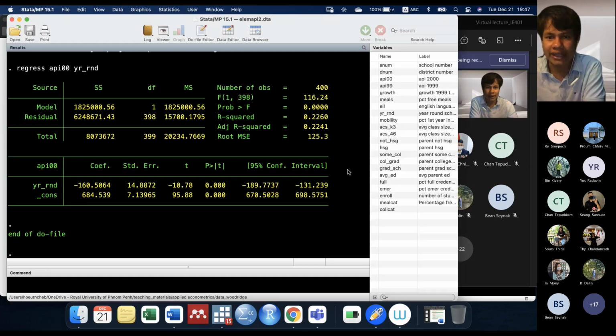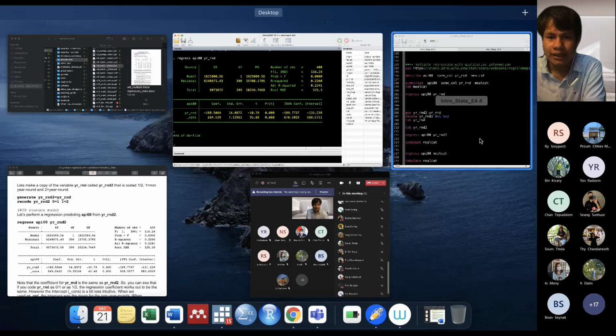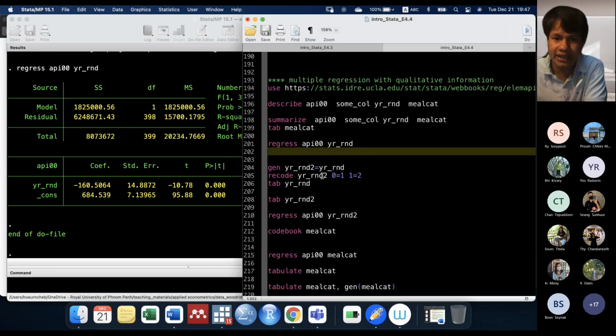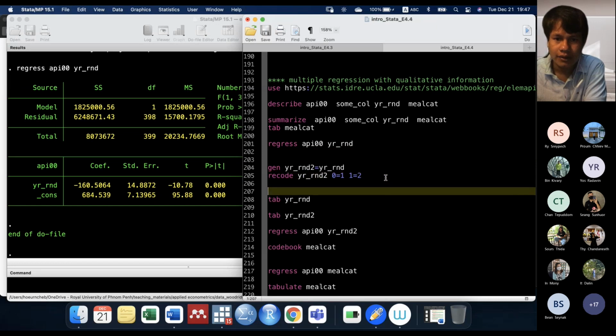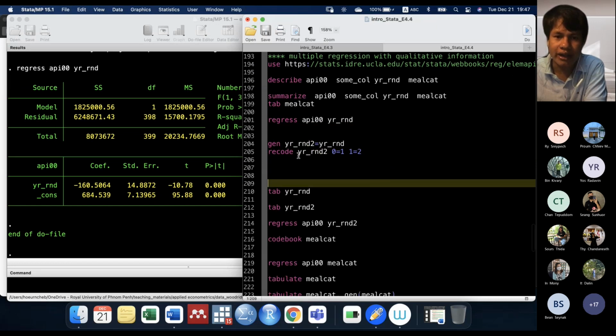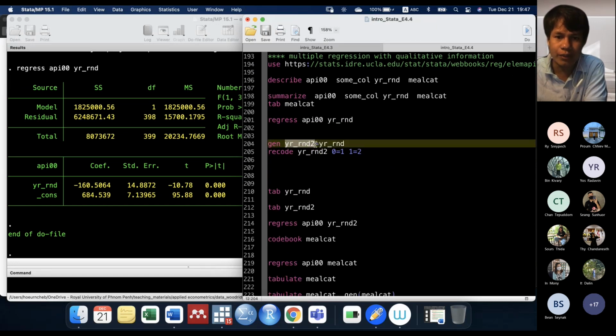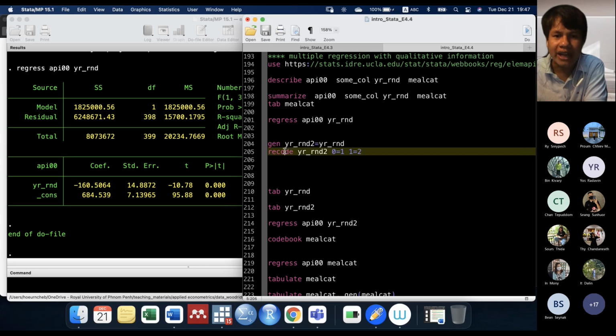I get back to my data, as you can see on my screen. I generate year round 2 equal to year round, but now I recode year round 2 from 0 to 1 and from 1 to 2. We run it.